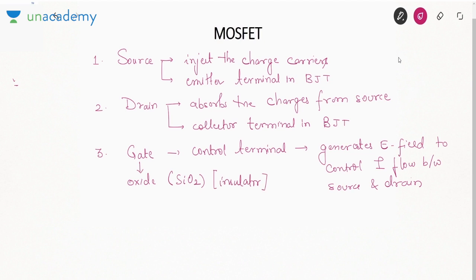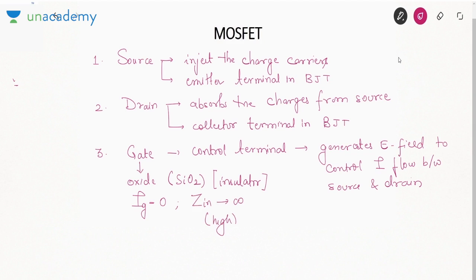Oxide is SiO2. So this oxide SiO2 is an insulator. If you have connected an insulator at the gate terminal, the gate current will be 0. So the gate does not inject any charge carriers, or the gate does not flow any charge carrier, but it only generates the electric field. So gate current is always 0. That is why the input impedance is tending to infinity.